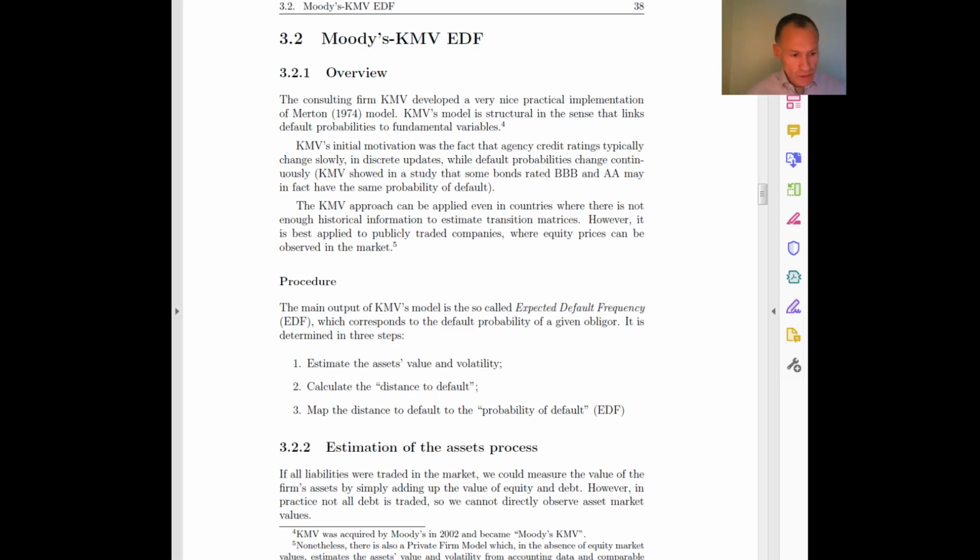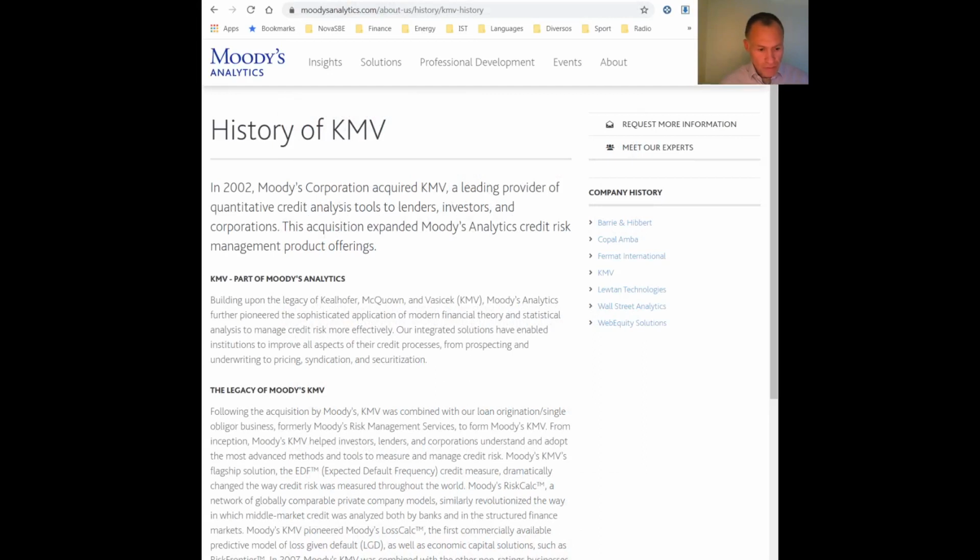This was developed by a firm called KMV, and the model became so successful that it was later acquired by Moody's, and now it's Moody's KMV. It's part of Moody's Analytics.